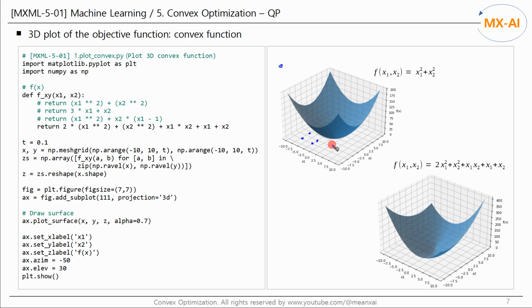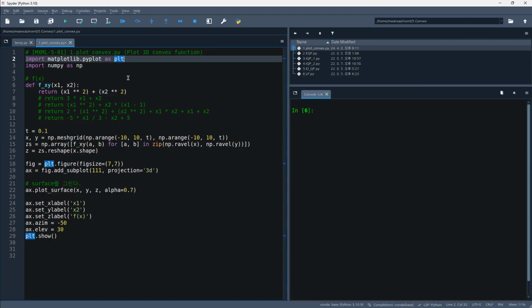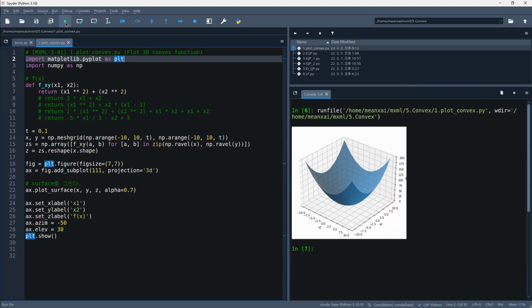And the values of function f for each point were calculated and plotted. We can see that both objective functions are convex downward. Let's run this code. The results are as follows.